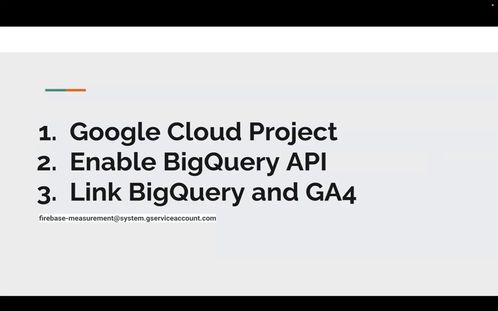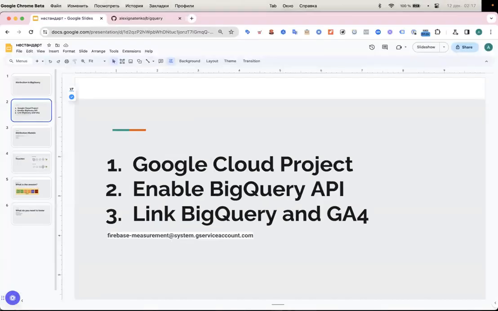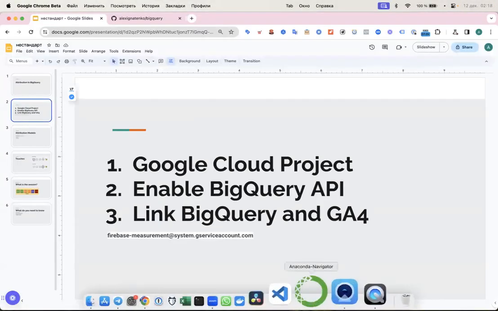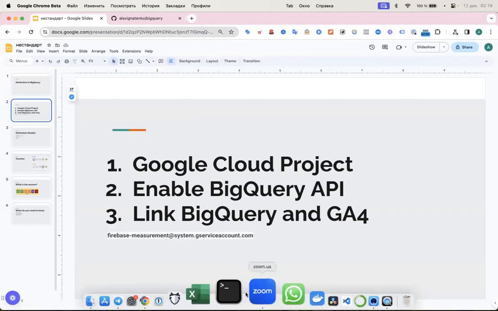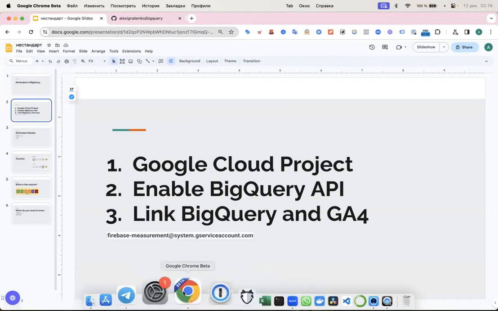And for getting access to BigQuery, you just need to have a Google Cloud project. With a Google Cloud project, you can work with BigQuery, and without it you cannot.